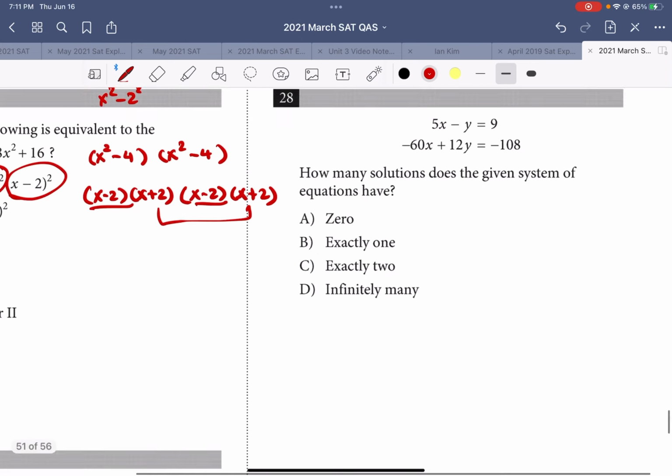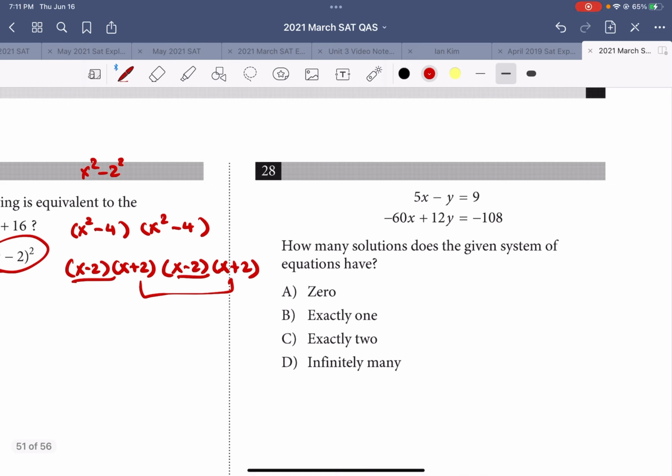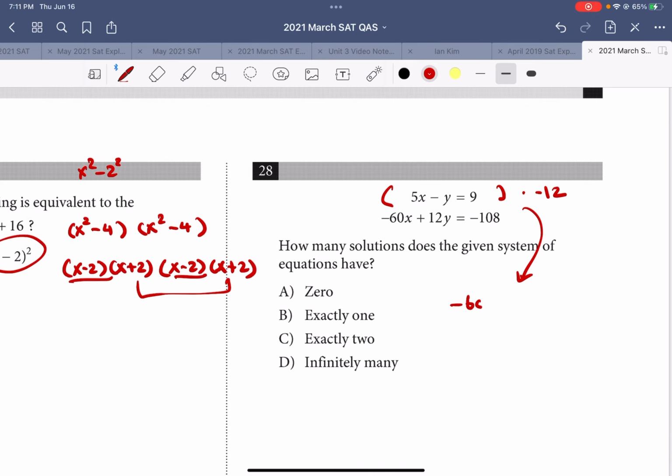Okay. Now number 28. How many solutions does the given system of equations have? Okay, let's see. If you multiply this one by negative 12, let's see what happens. If you multiply the first equation by negative 12, negative 60x plus 12y equals negative 108.